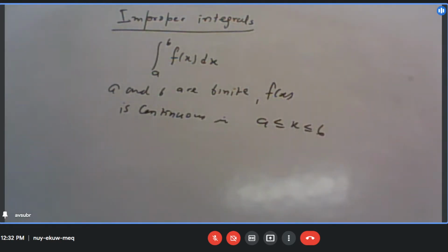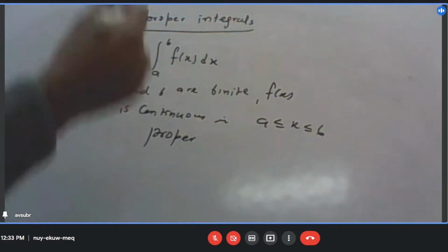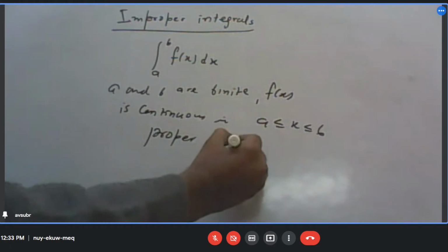That is, at every point, this function is continuous. Is it or not? Yes, sir. We are aware of this kind of thing. We call it proper integral or regular integral, whatever you want to call it.